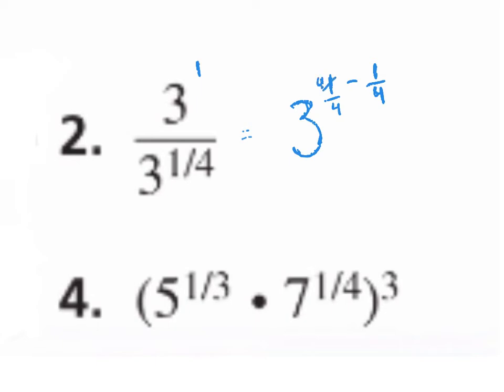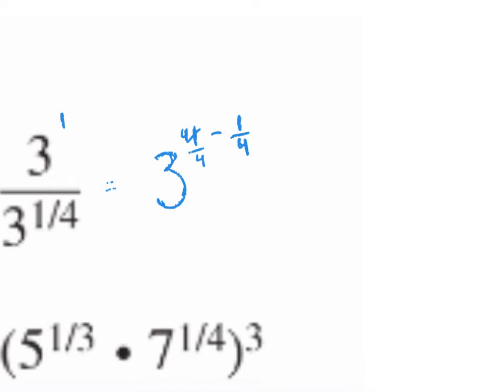Perfect. So this becomes 4 over 4. Anybody? Number 2. 3 to the 3/4. Perfect. All we did was subtract.